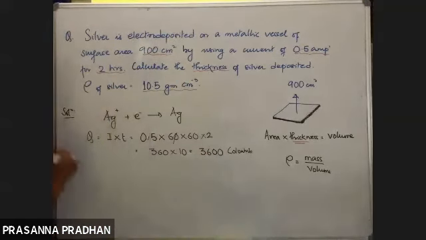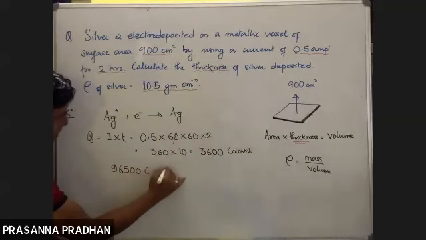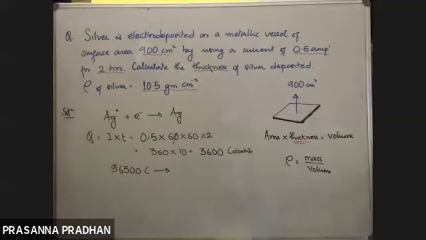We are passing this much amount of coulomb. Now from this equation, you tell me, if I pass 96500 coulomb, what mass of silver will get deposited? If I pass 1 mole of electron, or 96500 coulomb of charge, what mass of silver will get deposited?